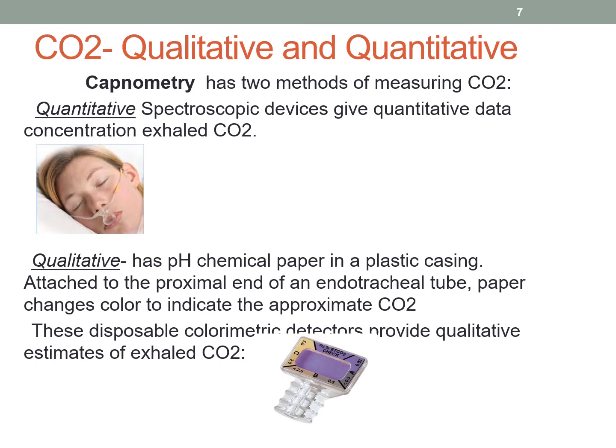Okay, so this is where it gets a little nitpicky on some of the terminology. There's the CO2 monitoring. You can look at qualitative and quantitative. Capnometry basically has two methods of measuring the CO2. Your quantitative can give the quantitative data.